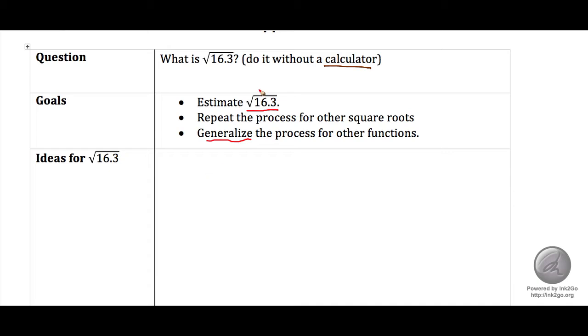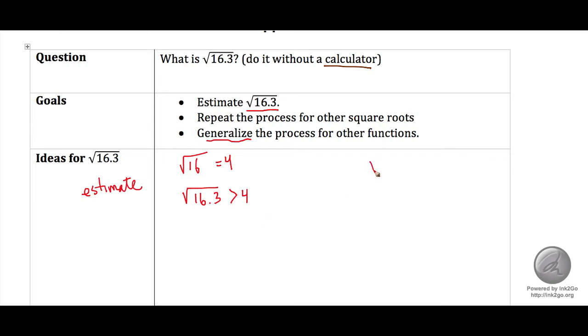So what are some ideas? Well, we can estimate, right? Estimating is perfectly good to do. We can say that the square root of 16 is exactly equal to 4. So the square root of 16.3 is probably somewhere around 4, but it's probably a little bit bigger than 4.